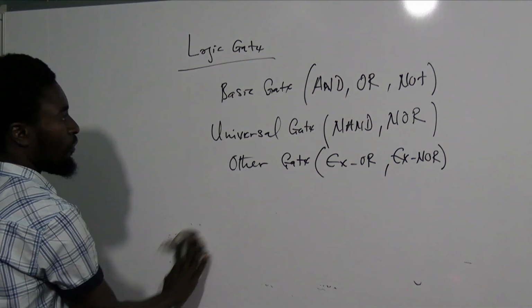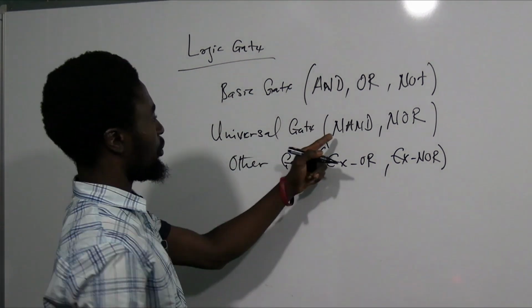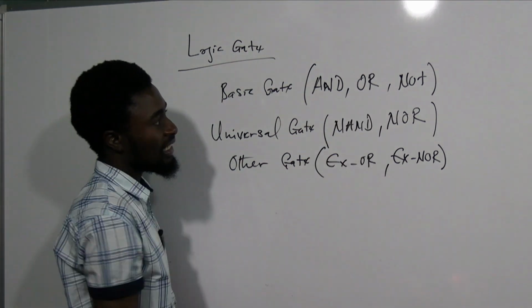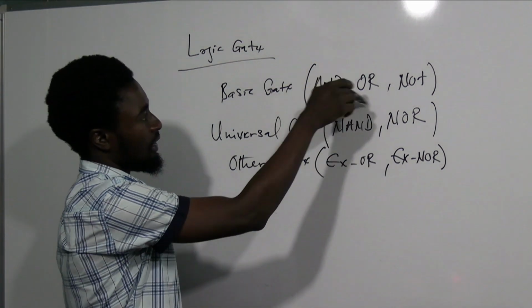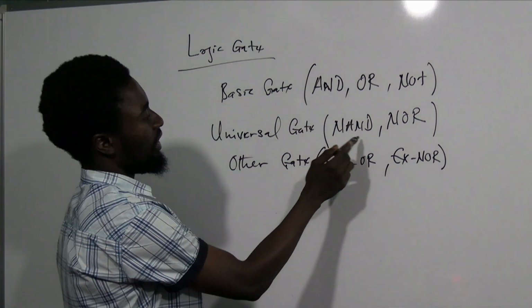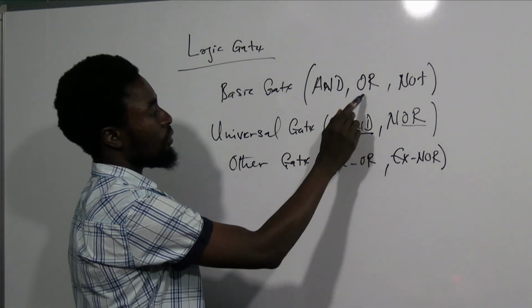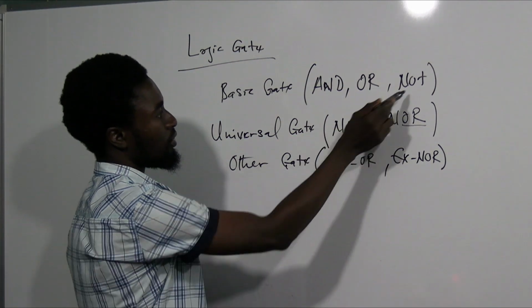Of course, this one is considered to be a universal gate because from these universal gates we can get the basic gates. Like for the NAND, we have the AND here, which is this. We have the OR gate, which is this, and the NOT, which is this one.